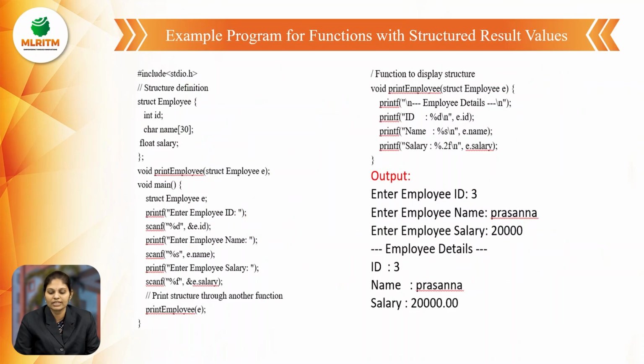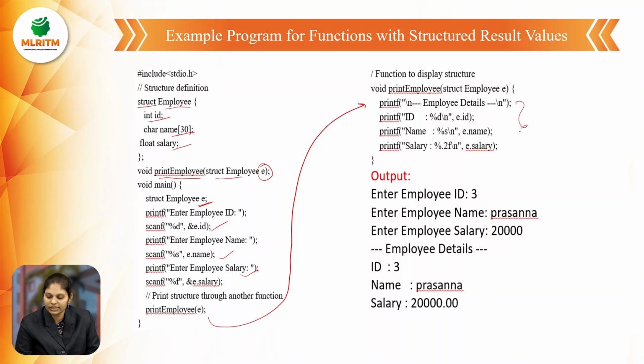And now an example program for functions with structure results. Using a function, you also have to create the structure, struct employee, with employee ID, character name and float salary, and create a function called print employee, taking struct employee. The employee variable is created like this, with employee ID, employee name and employee salary, and directly it can be passed to the void function.